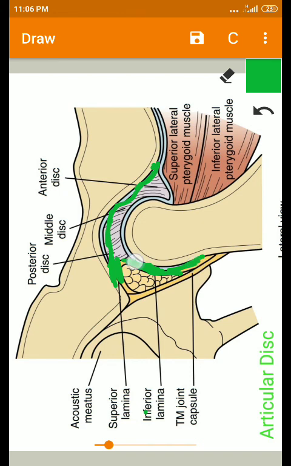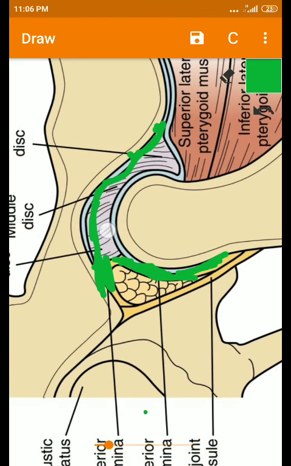Then what will happen? Again backward gliding of the articular disc happens because of the elastic properties of the superior lamina, but the inferior lamina does not assist in repositioning of the articular disc during closing of the mouth.